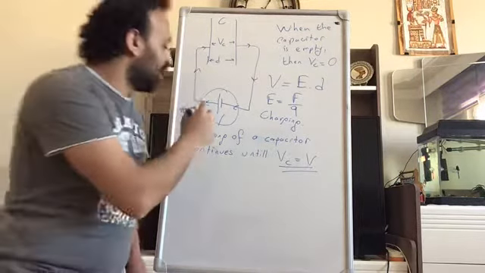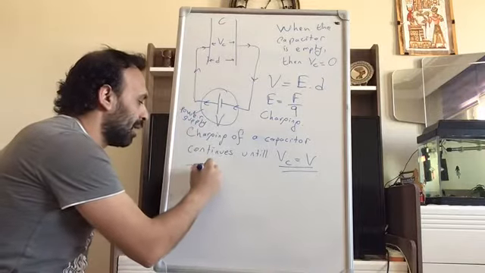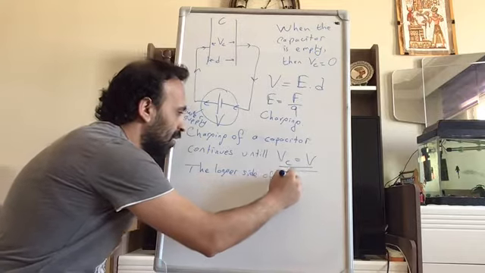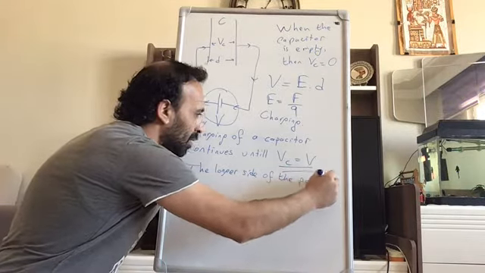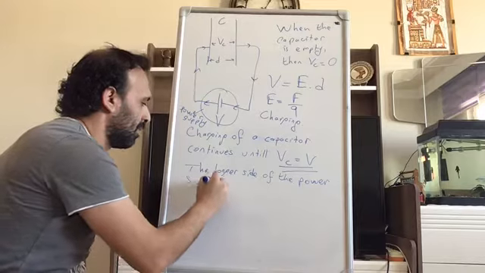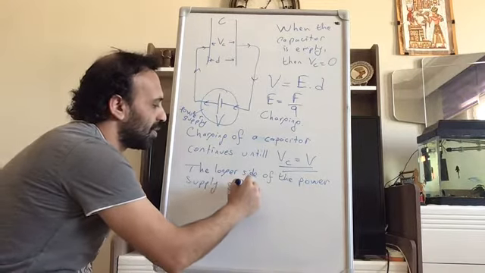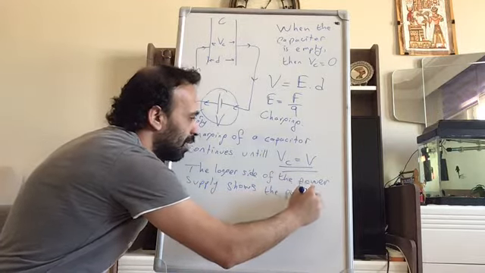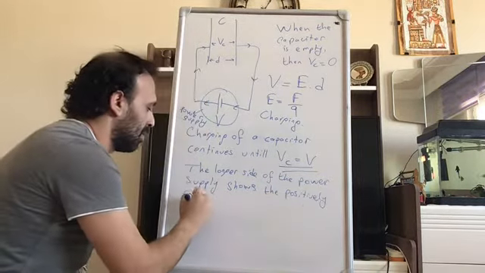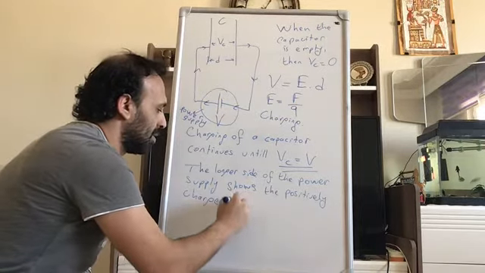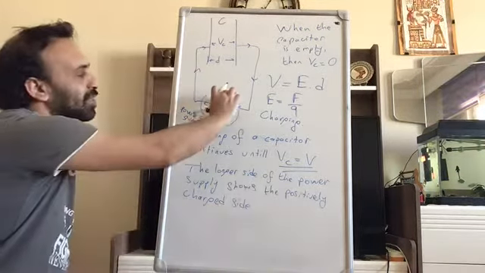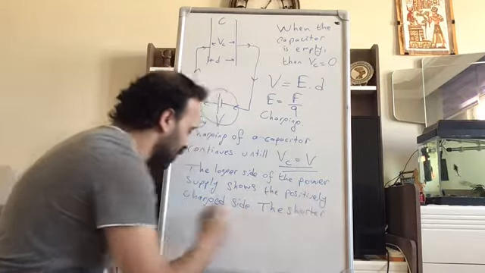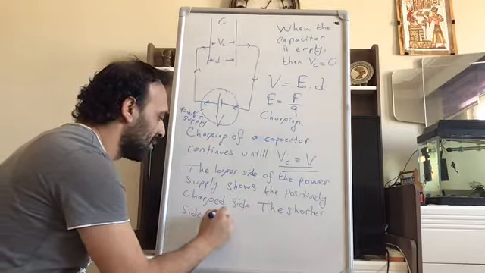The longer side of the power supply shows the positively charged side. And as you can guess, the shorter side is negatively charged.